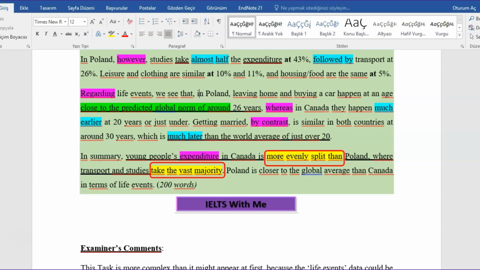But as we saw here, in Poland the majority of youth spend their money on transport and studies, where transport and studies take the vast majority, right? Poland is closer to the global average than Canada in terms of life events. That's true, and short and pretty well organized, right?